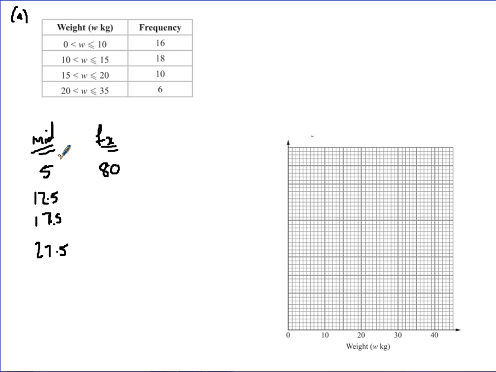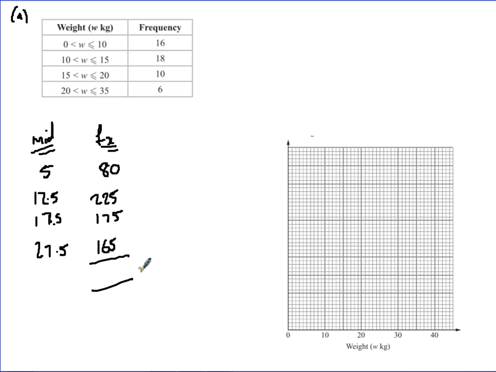So 12.5 times 18 gives you 225. Then we've got 17.5 times 10. I'm going to put that in a calculator: 175. And then 27.5 times 6, which gives us 165.